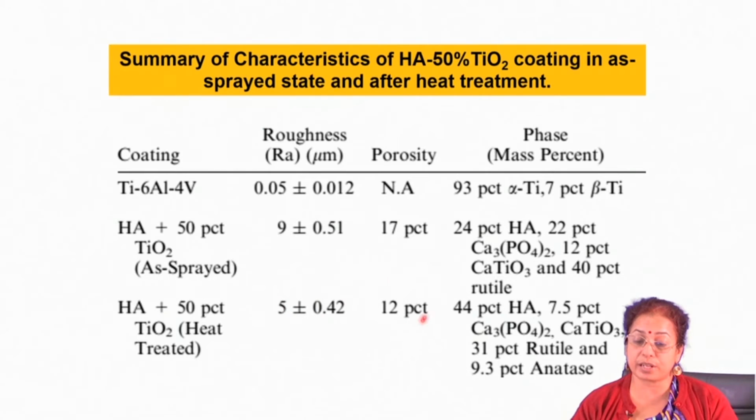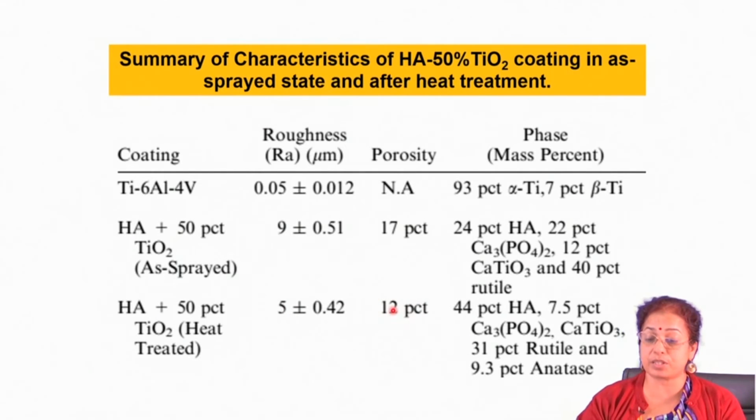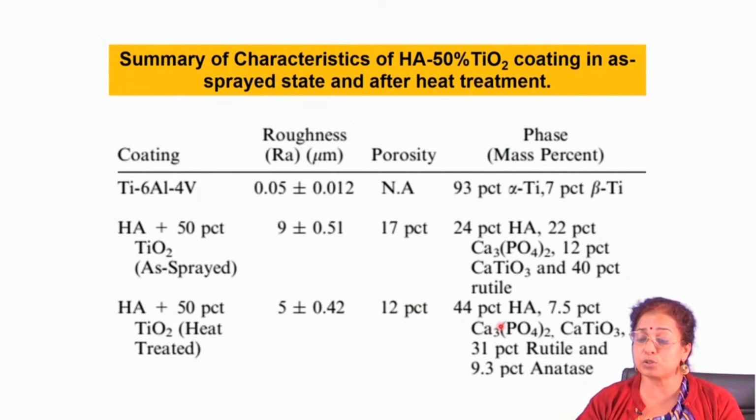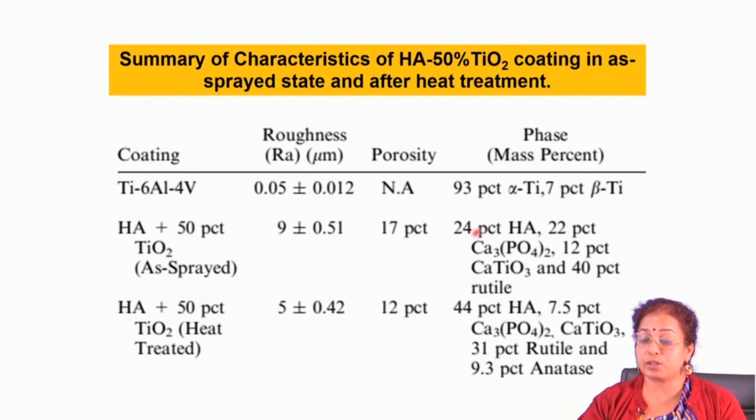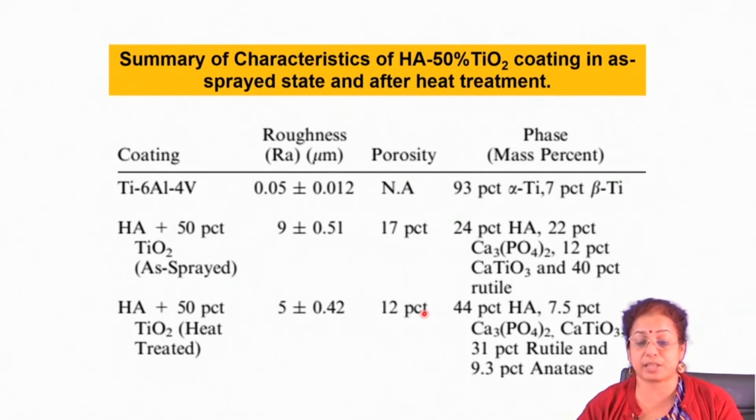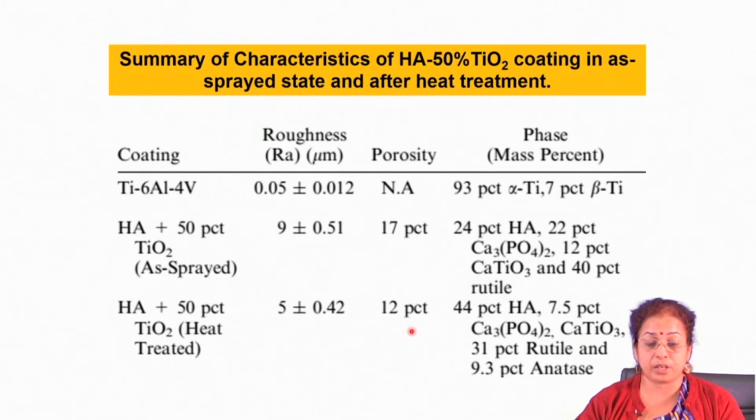Heat treatment also helps in reducing the porosity percentage, and phase composition was also changed because of the heat treatment. As I mentioned, when you do spraying, hydroxyapatite is mostly in amorphous phase, but when you do heat treatment, then naturally the crystallinity increases. So, you get more percentage of hydroxyapatite in the coating.